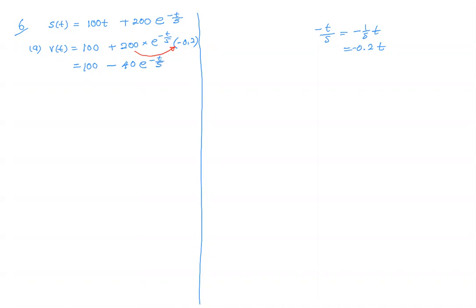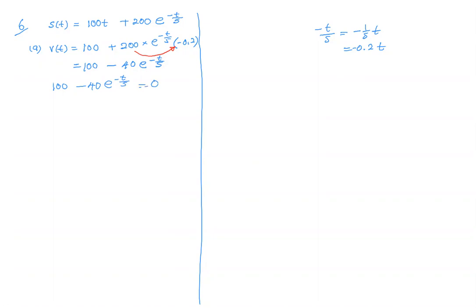So now is there a time whereby the velocity becomes 0? You can either use your calculator to help you, or your choice, you can produce a sign diagram. I put 100 minus 40 e to the power negative t over 5 equal to 0.